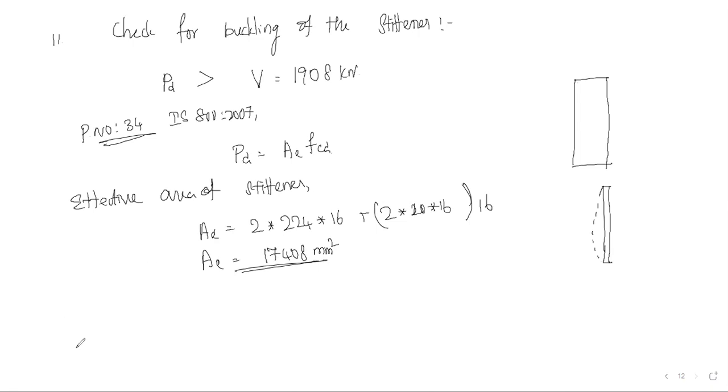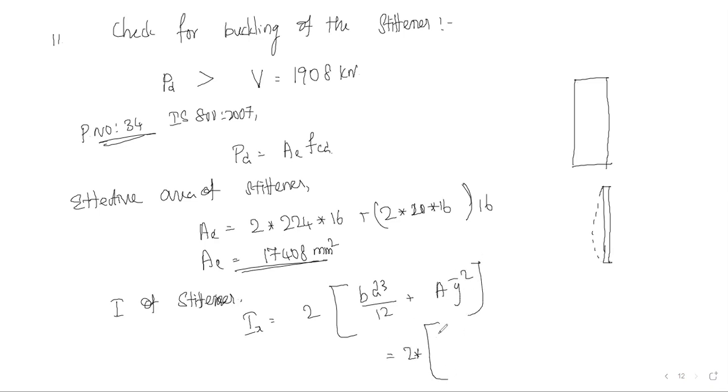So next, moment of inertia, I value of the stiffener. So Ix is equal to, here the formula is 2 into BD cube by 12 plus A into Y bar squared. Okay, so 2 into breadth 16 into 224 cube divided by 12 plus area 16 into 224 into Y bar squared.